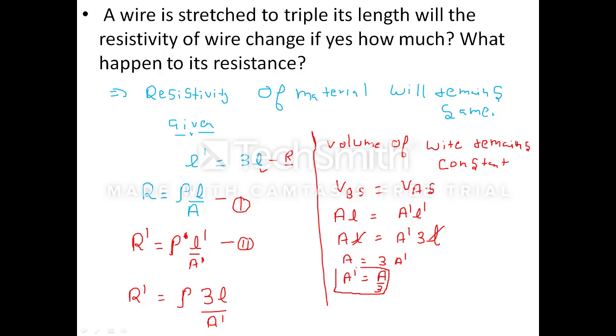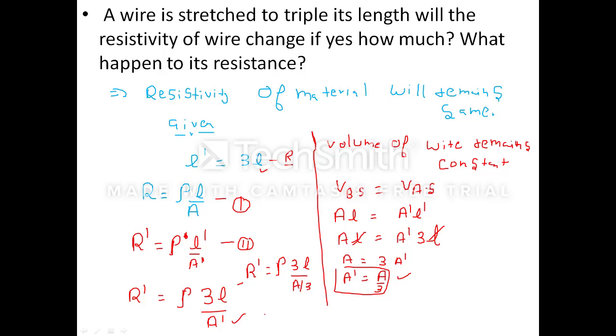Now if we put this value over here, R dash equal to rho 3L, with A dash being A by 3.